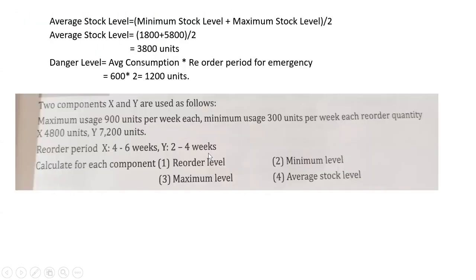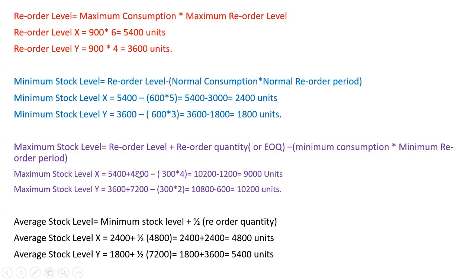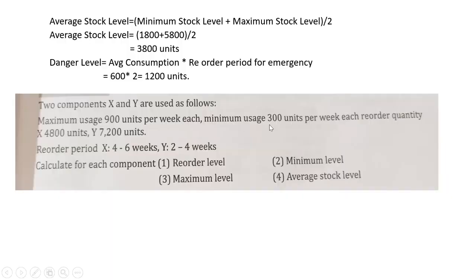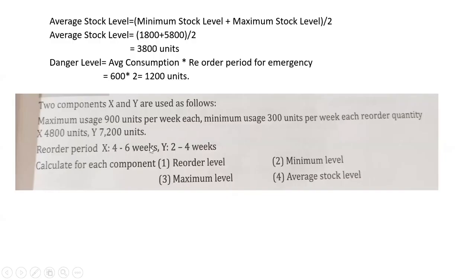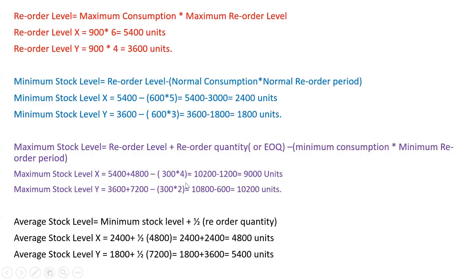Reorder quantity they have mentioned here, 4,800 and 7,200 for X and for Y. So these are X and Y. Minimum consumption for both is 300, they have mentioned for both, and minimum reorder period for X is 4, for Y it is 2. Okay, we have calculated considering the values.